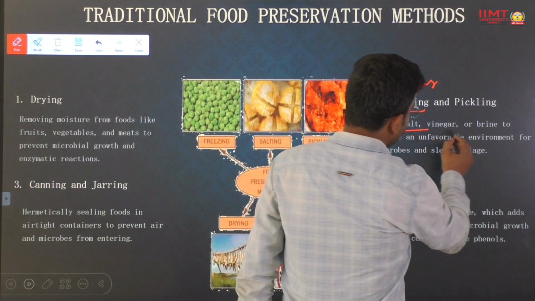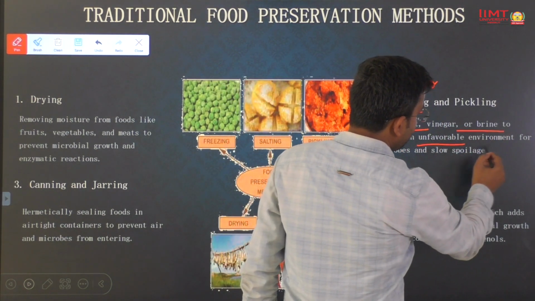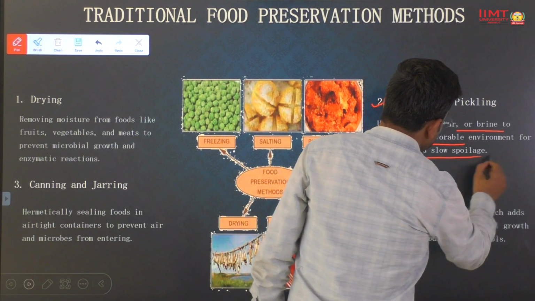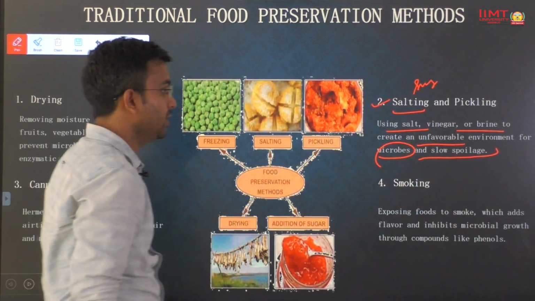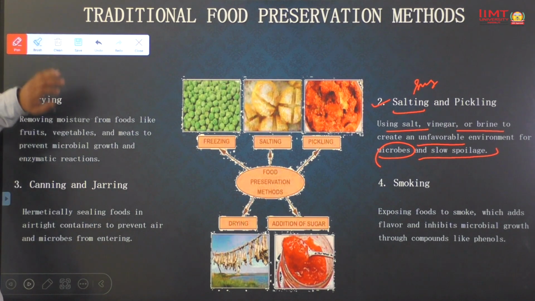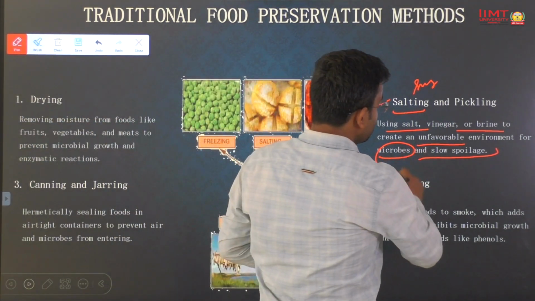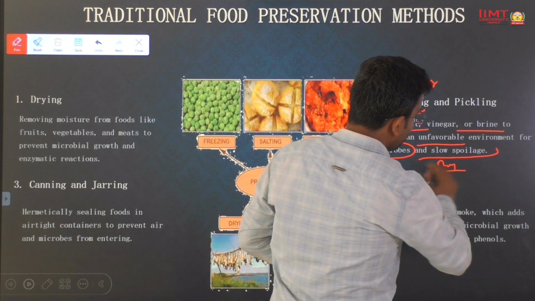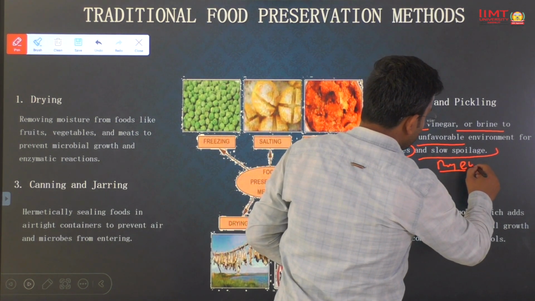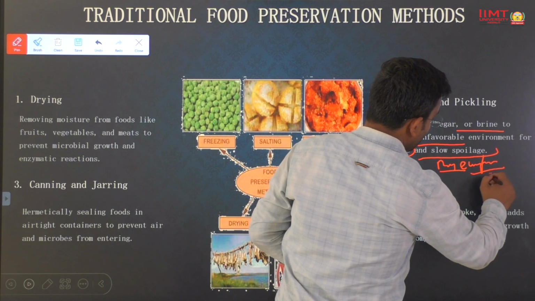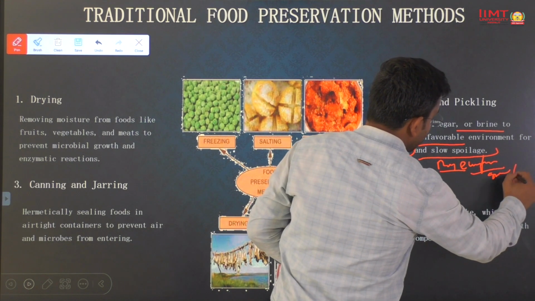Using salt, vinegar or brine creates an unfavorable environment for microbes and slows spoilage. It means they do not get a growing condition, and microbes do not grow in an unfavorable environment in food items.